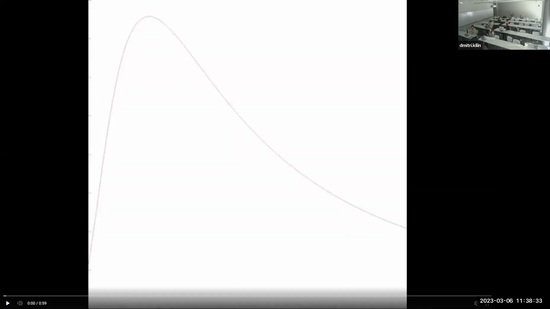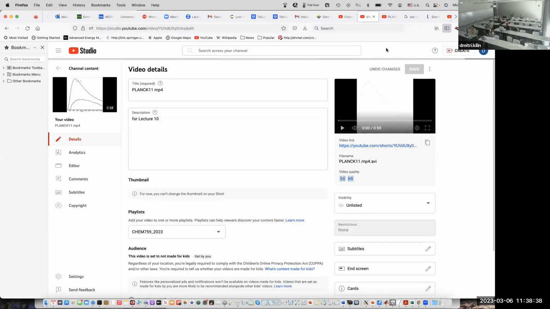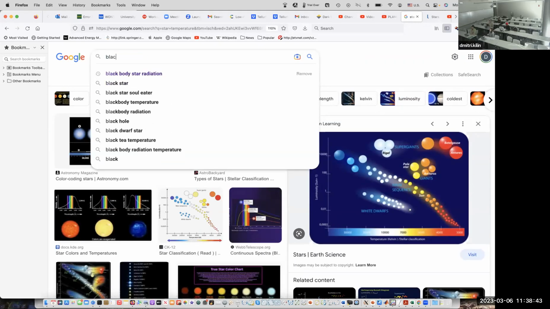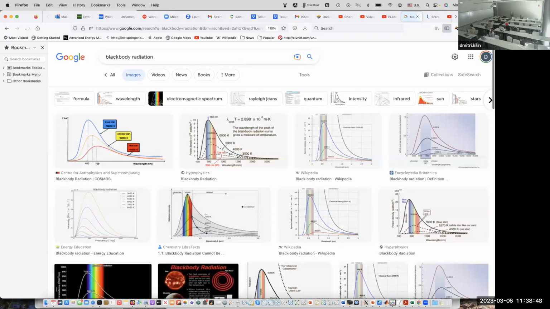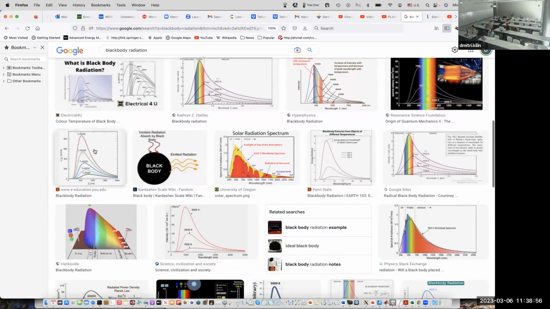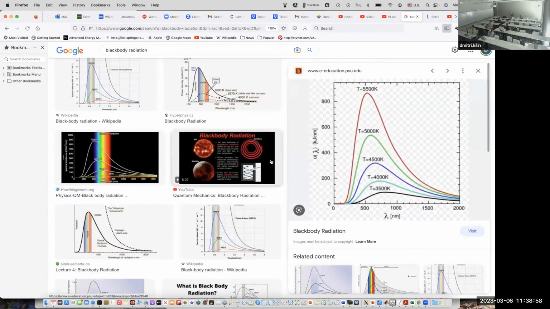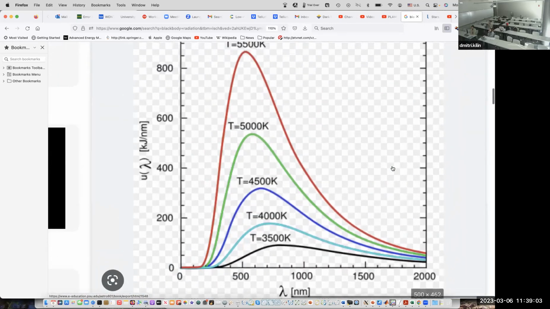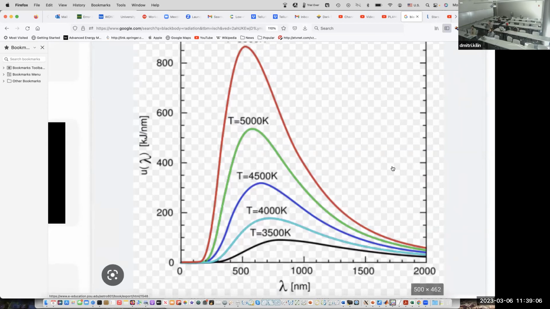So let's do it. Let's find the same thing online, in addition to stars, also in graphical form. There are multiple demonstrations online.